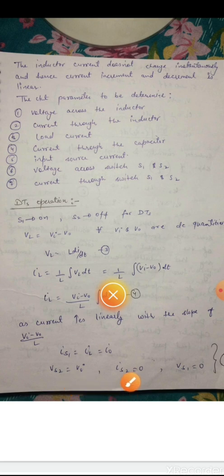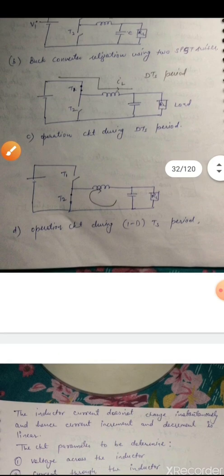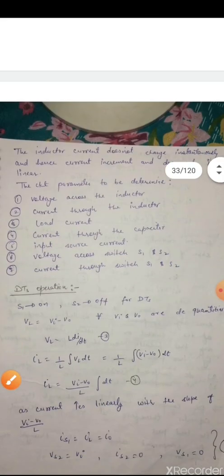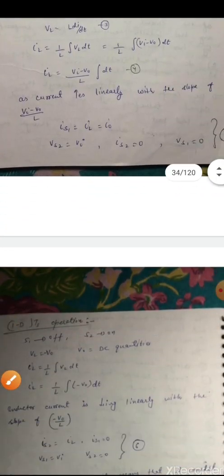IS2, no current is flowing through switch S2, so IS2 is 0. Ideally S1 is short circuited, so VS1 is 0. The I naught current is equal to IL, equal to the switch current IS1, or equal to the source current. This is what is done in the D Ts operation.